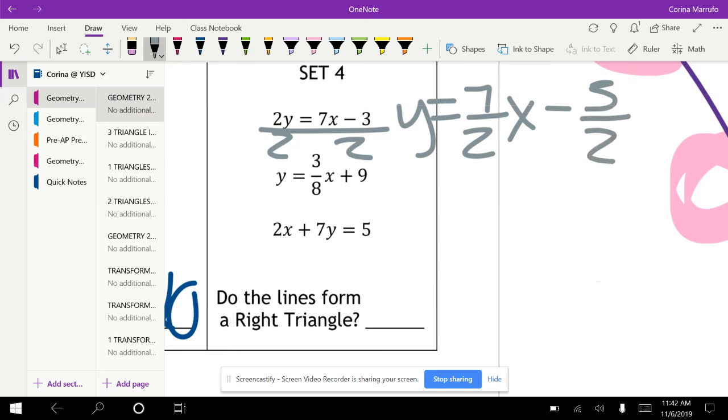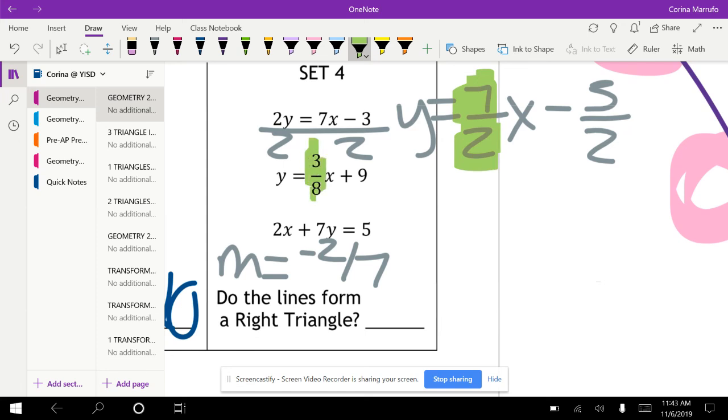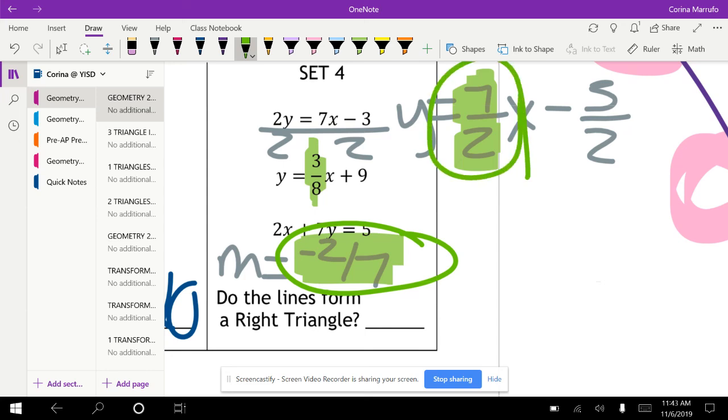Okay, this one we have in slope-intercept form, and then this last one we're going to use m equals negative a over b, so negative 2 over b, which is 7. So if we look at all the slopes, here we have 7 halves, here we have 3 over 8, and here we have negative 2 over 7. So if you notice, these two, one's positive, one's negative, and they're both the flipped version of each other. So yes, this does form a right triangle.